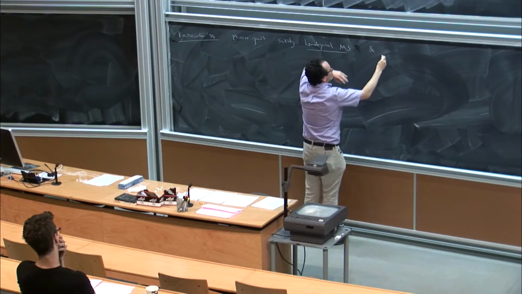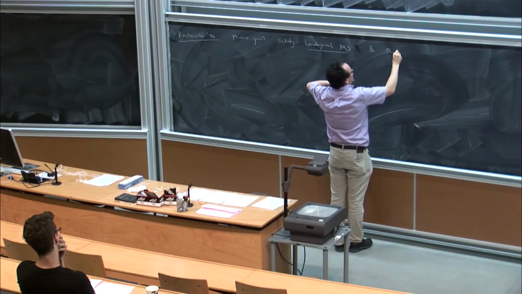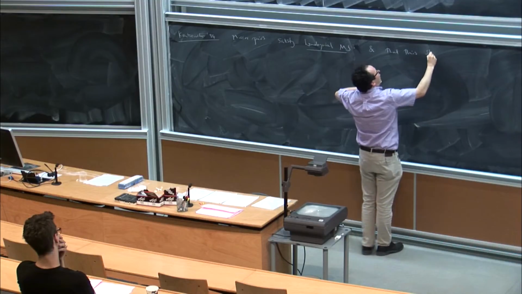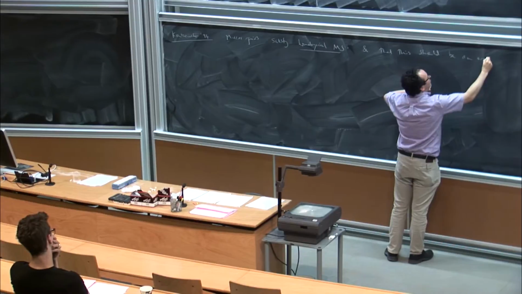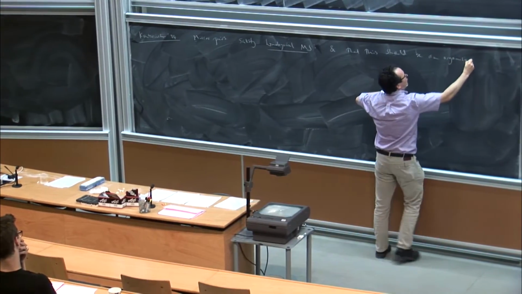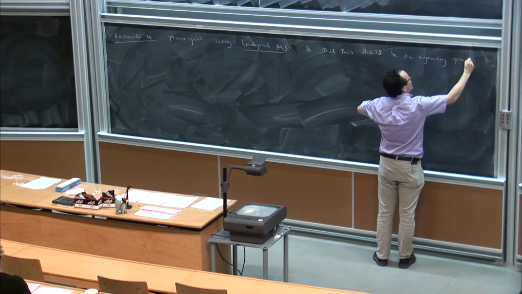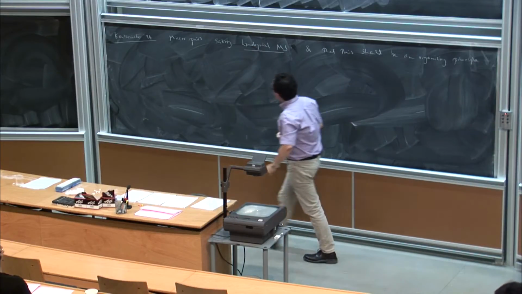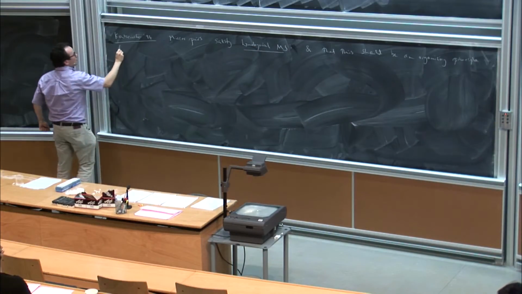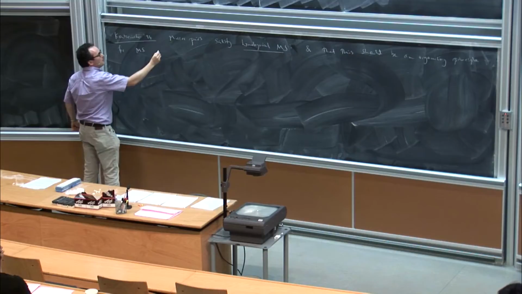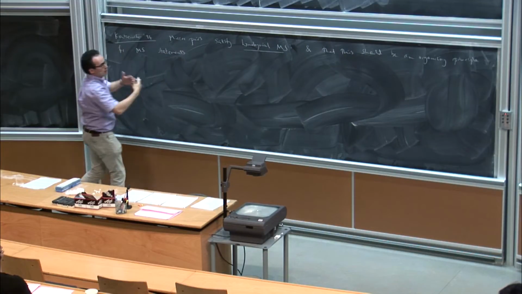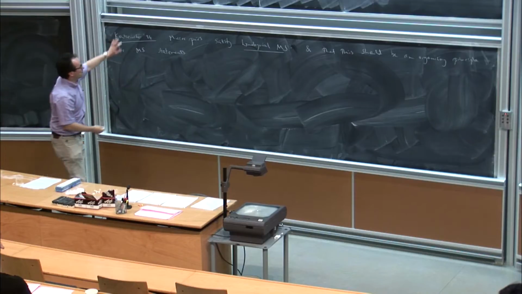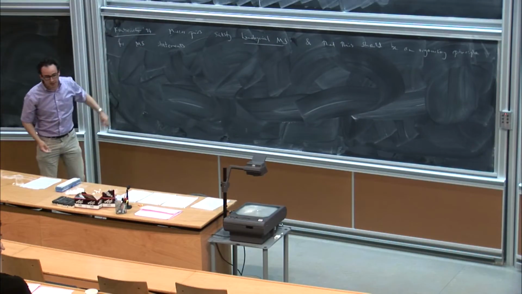And furthermore, that this should be a kind of organizing principle for mirror symmetry statements. This should be a sort of root of other statements having to do with holomorphic curves.